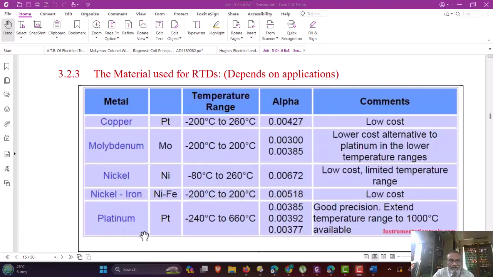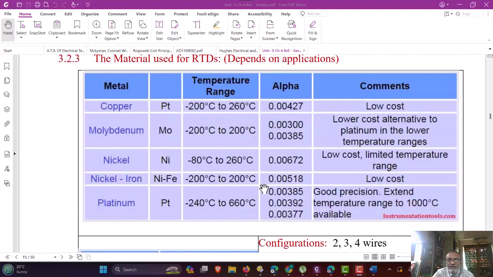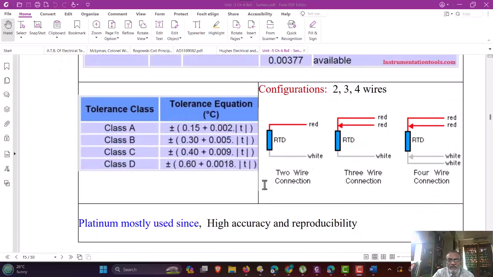The platinum RTDs are very common and they are offering the measurement range from minus 240 degrees centigrade to 660 degrees centigrade. The RTDs are available in various tolerance classes from class A to class D, and the temperature tolerance is shown here.